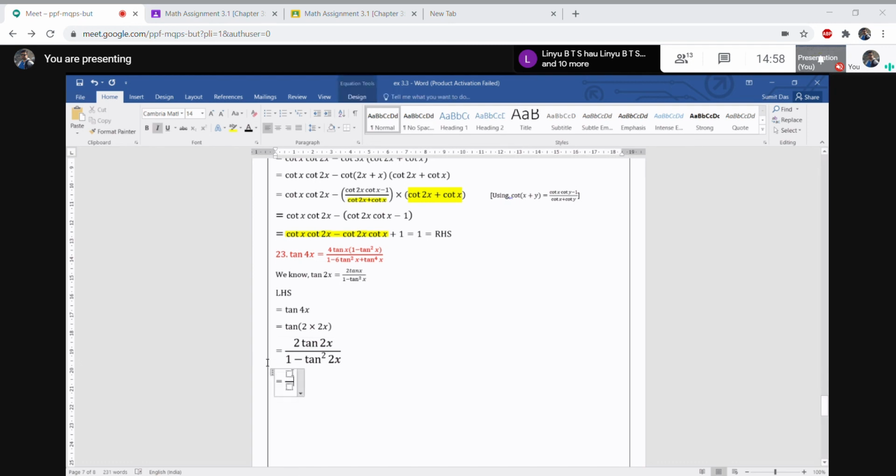Let's put the formula again. 2 into, now we'll use this formula directly, just pasting, then 1 minus tan squared 2x, so in bracket these. Okay, now simplify.